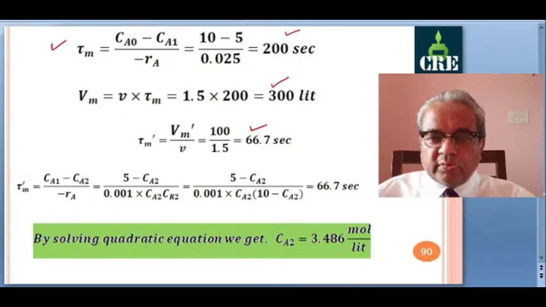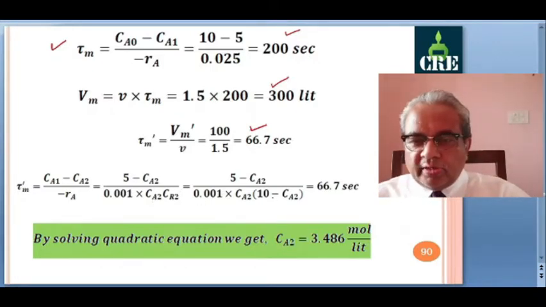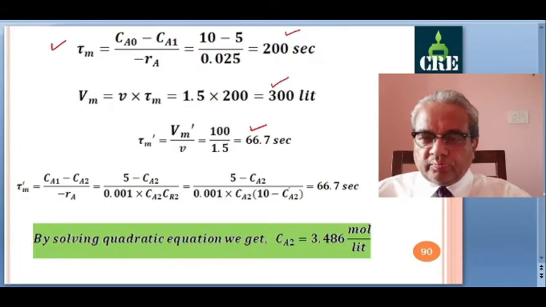So this you can check. Ca1 minus Ca2, 5 minus Ca2, over 0.001 Ca2 Cr2. Cr2 will be 10 minus Ca2.